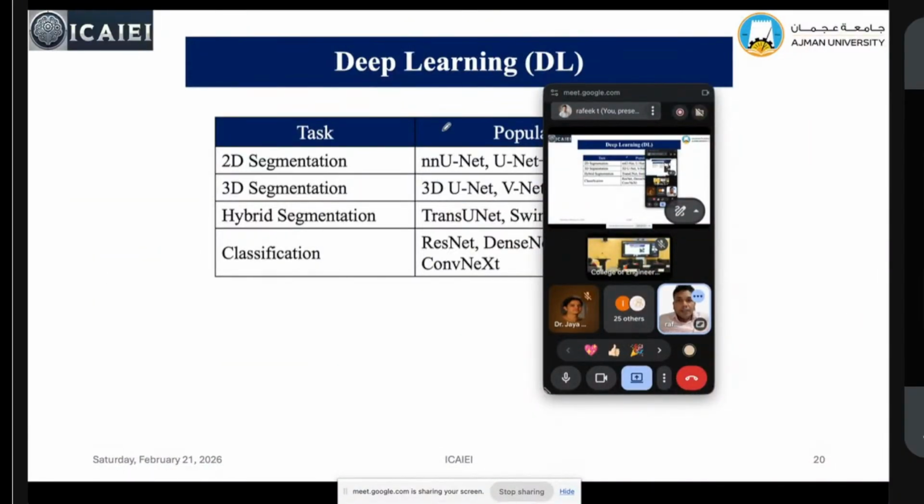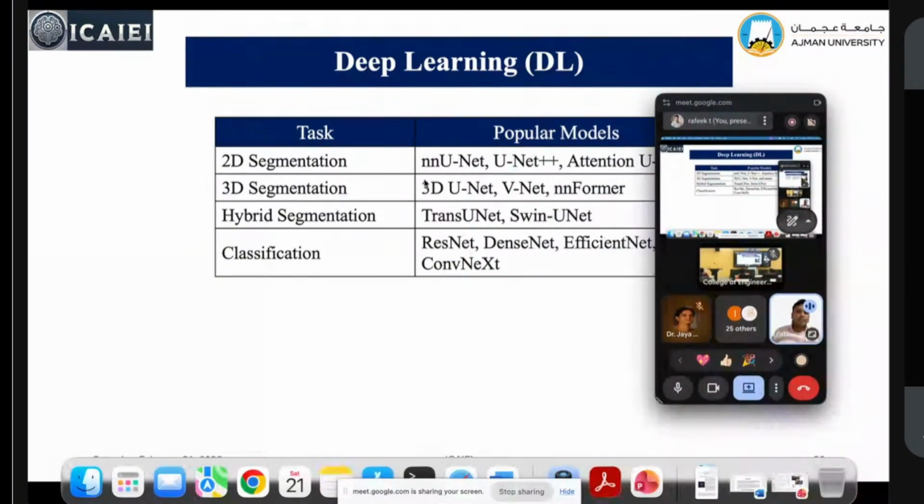And these are the trends. For 2D segmentation, the popularly used techniques are nnU-Net and UNet plus.